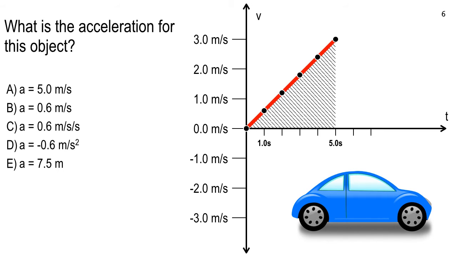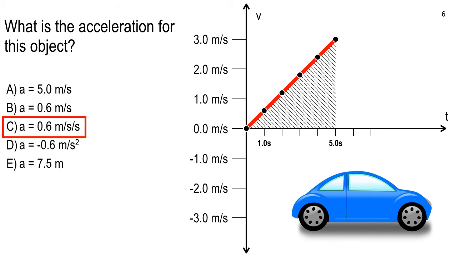We have a distribution of answers. A lot of you chose C, which is correct, but it looks like a bunch of you chose B, and B is not correct. What's wrong with B? That's the speed, velocity. That's not an acceleration. So B is out automatically.